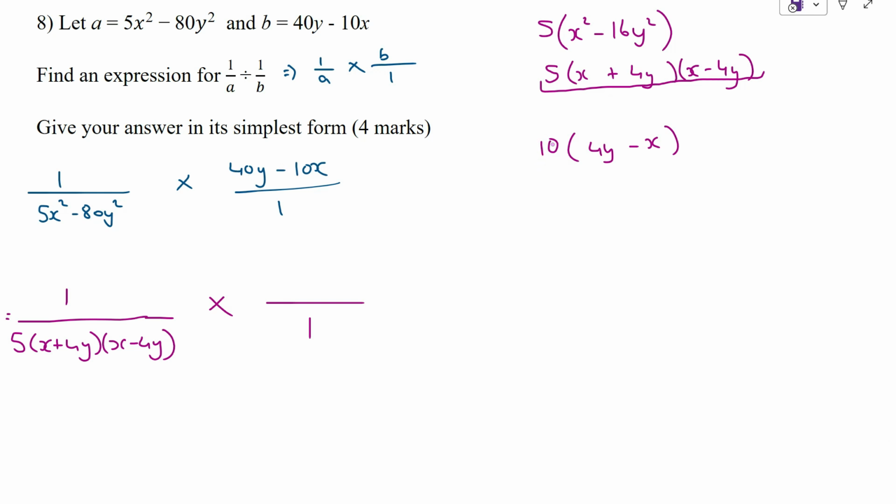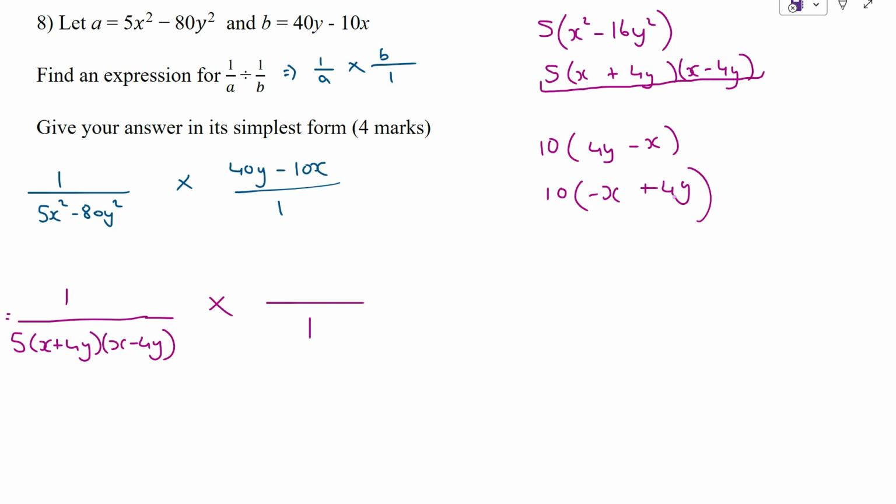Now, so far we've taken 10 out as a common factor and multiplied it by this inside the bracket. Based on this denominator here, we want to have x minus 4y in the bracket so that we can go ahead and cancel those two out. At the moment, we haven't got that. If I rewrite this and put the x first, we've got 10 brackets minus x plus 4y, which isn't what we want.